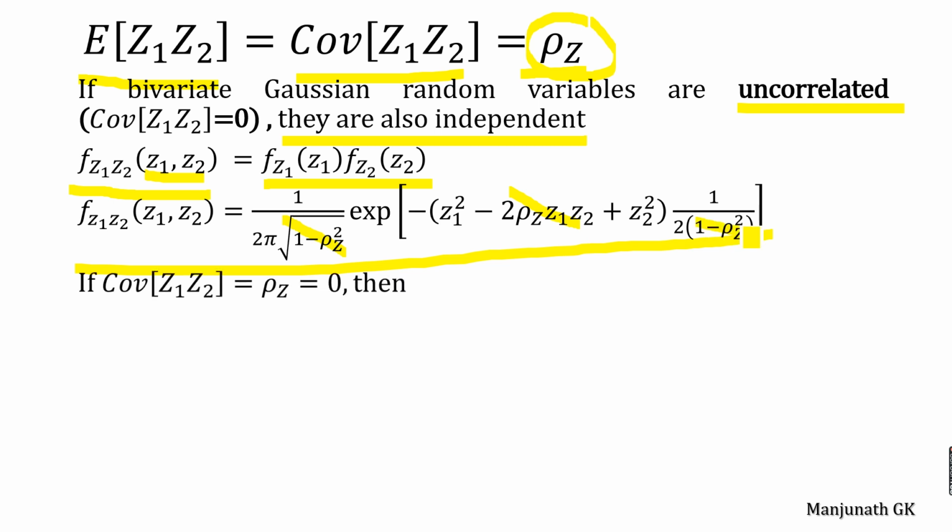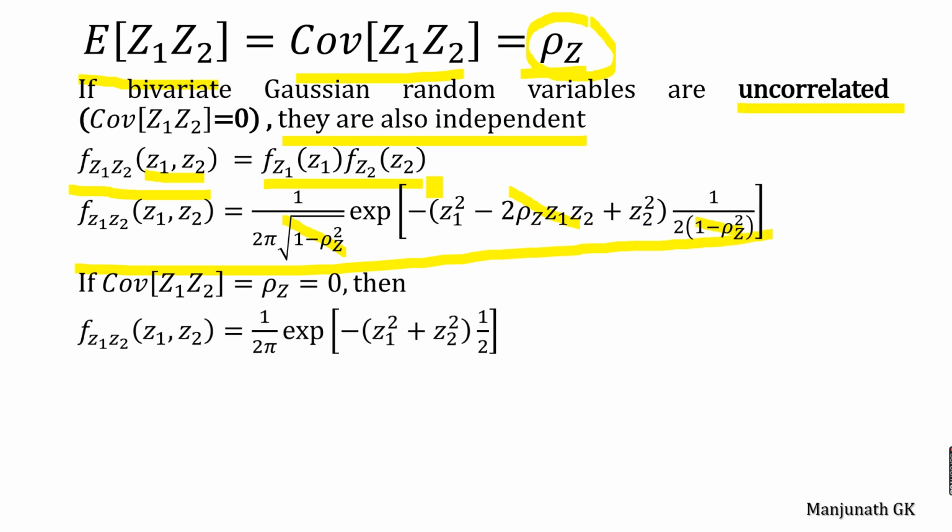After simplification, only 1 by 2 pi remains, times exponential of minus (z1 square plus z2 square) divided by 2. Alright, is it equal to the multiplication of f z1 of z1 and f z2 of z2?